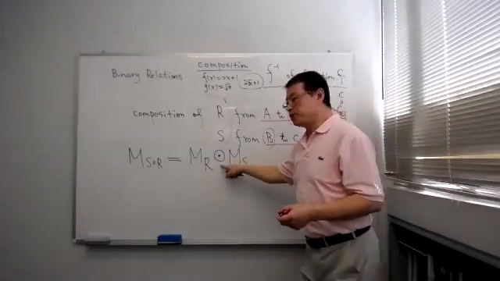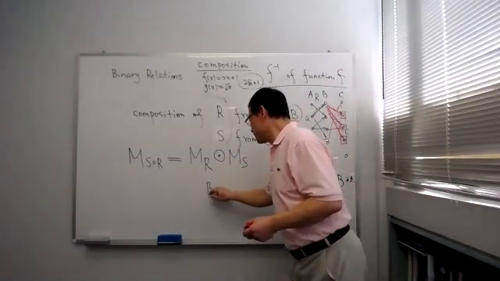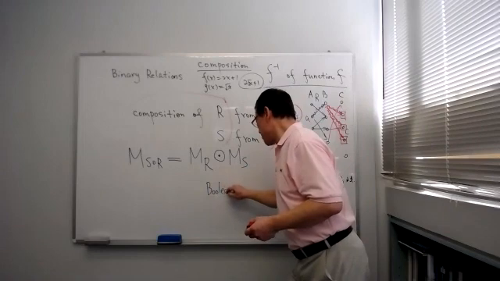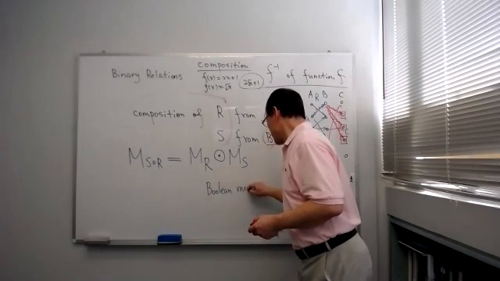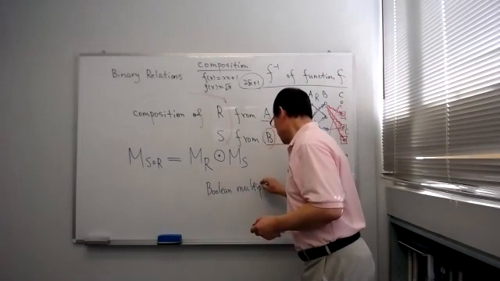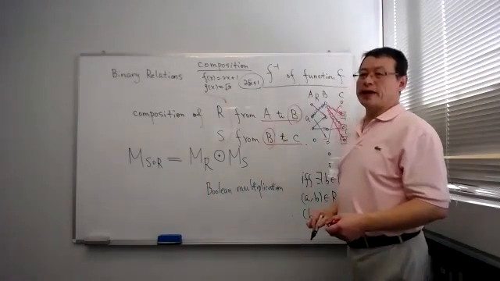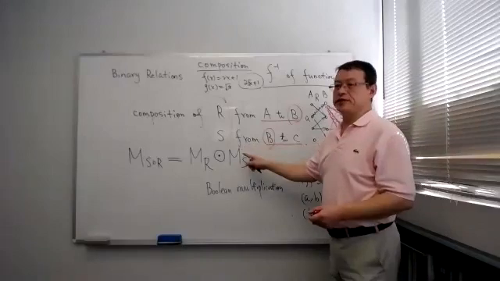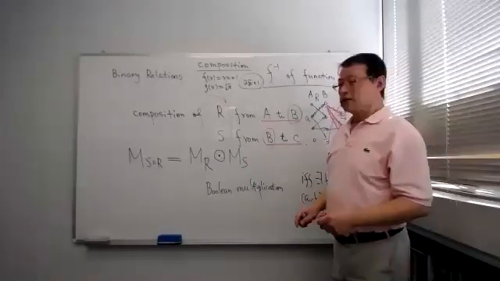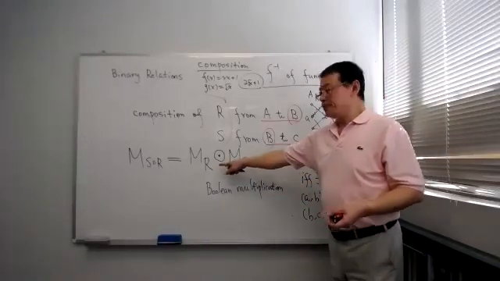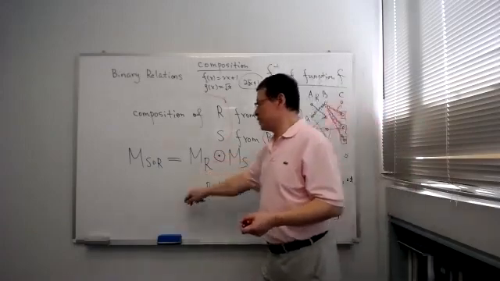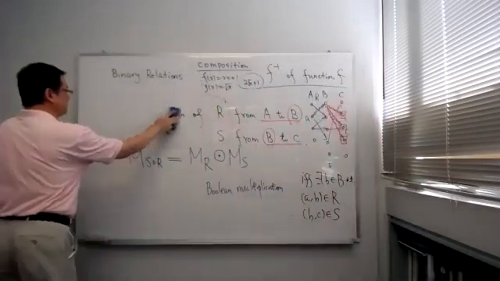But the operation is a Boolean multiplication of these two matrices. I believe you know what Boolean multiplication means. Let me just give you a quick example.